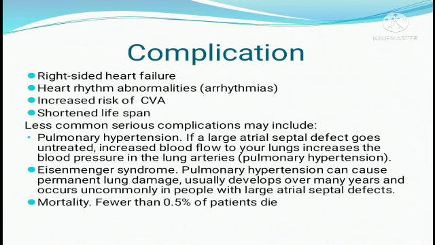If it does not close, the child can have a shortened lifespan. Then very rarely a child can develop pulmonary hypertension, Eisenmenger syndrome, and still we can see that the mortality is less than 0.5 percent.